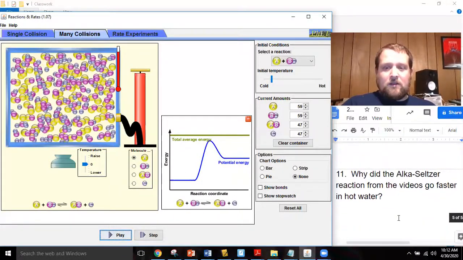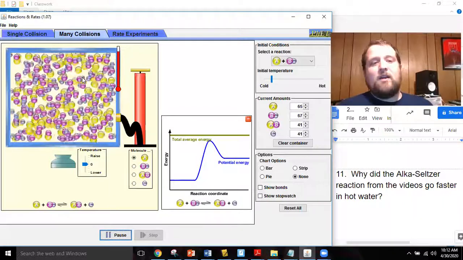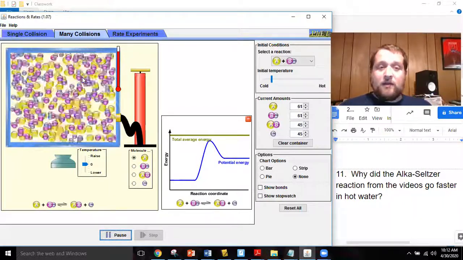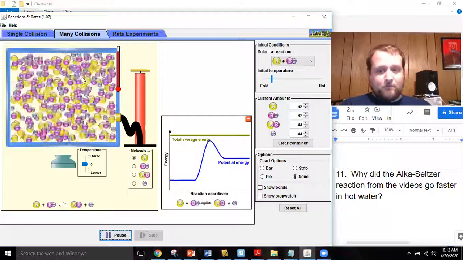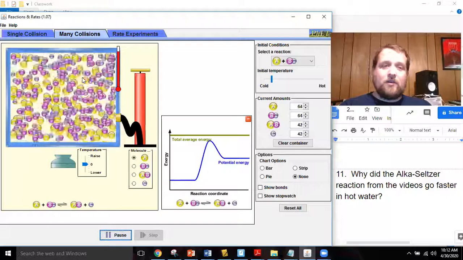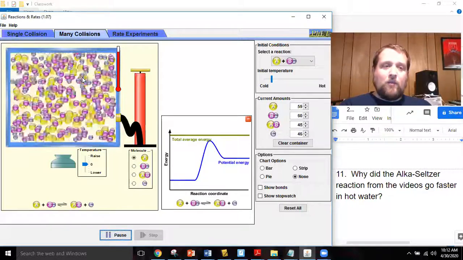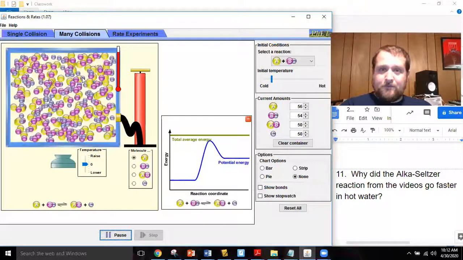And finally, number 11, with this understanding of the particles in your mind and thinking back to the videos you saw yesterday of the Alka-Seltzer tablet dropped in water, why did that reaction go faster in hot water as opposed to cold water?